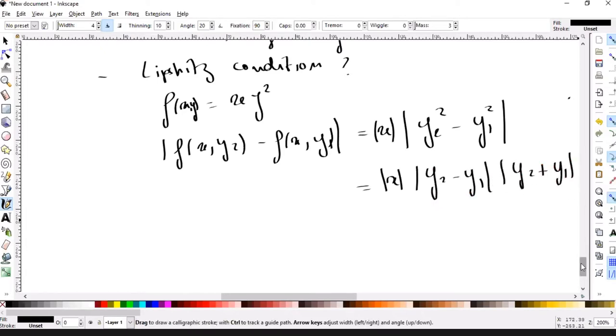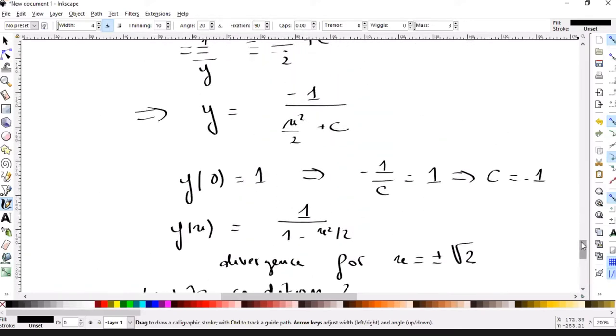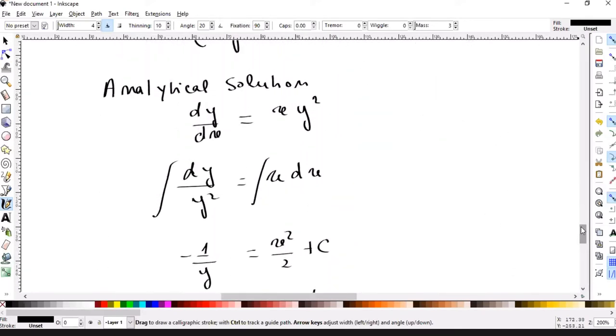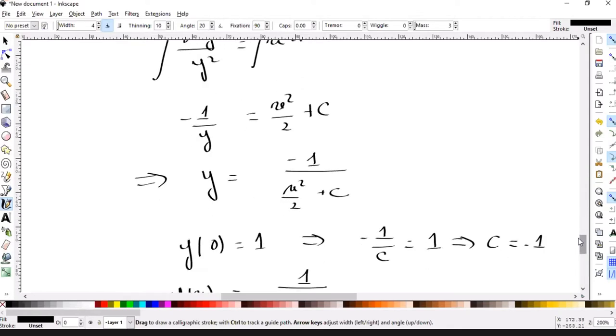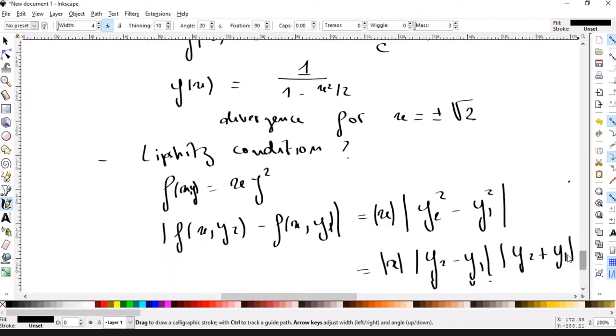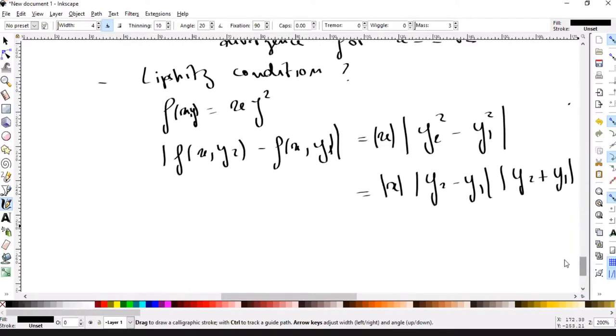But you see that this is not a Lipschitz function, because even though a unique analytical solution exists here, it's not a Lipschitz function.